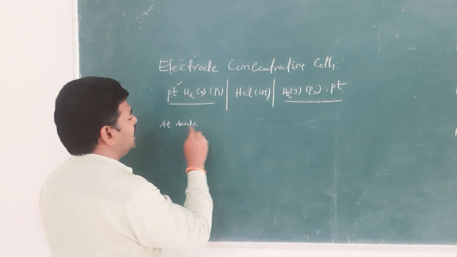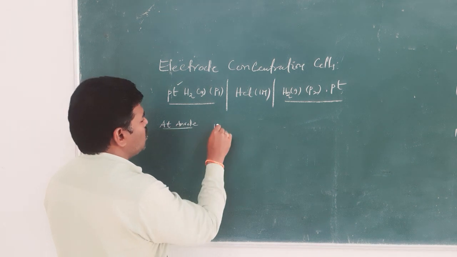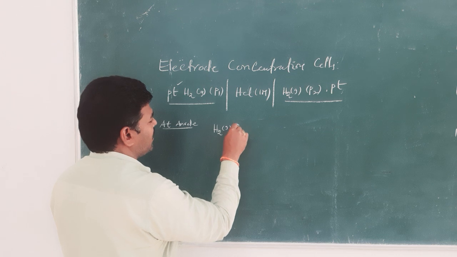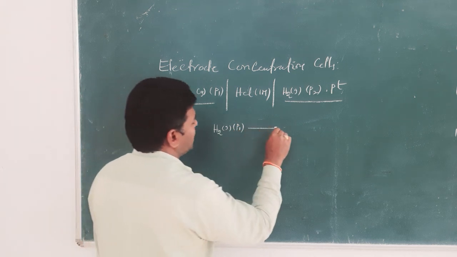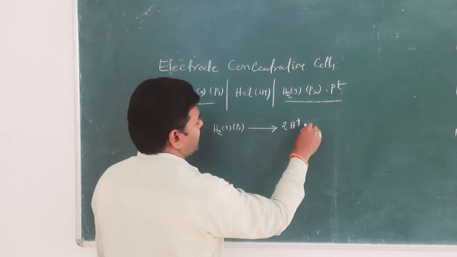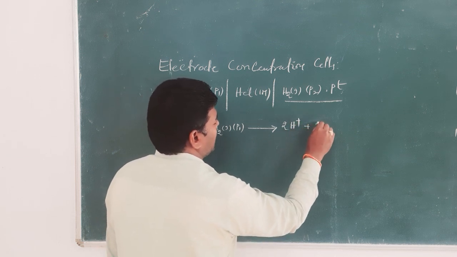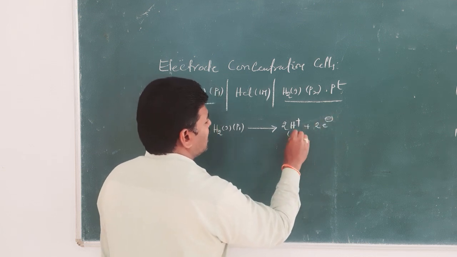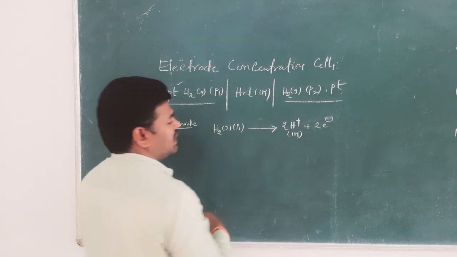Here hydrogen gas at pressure P1 undergoes oxidation, that is loss of electrons: H2 gives 2H plus plus 2 electrons, at 1 molar concentration.